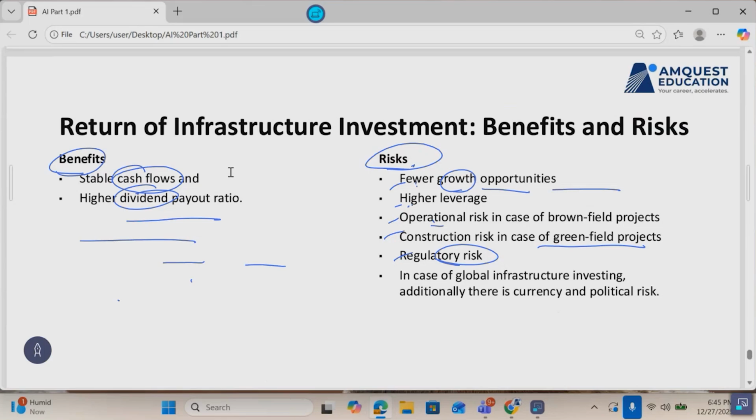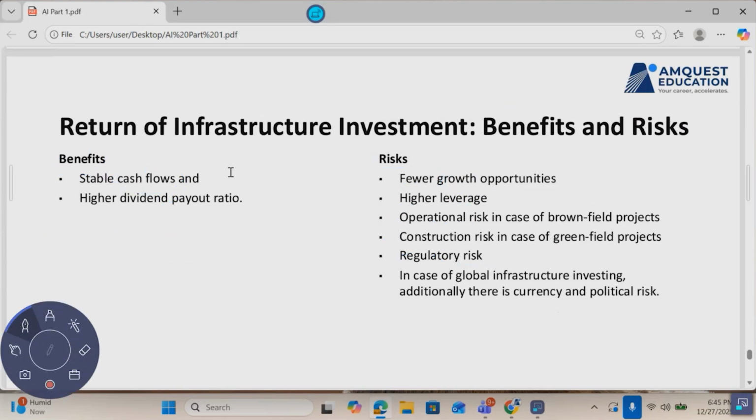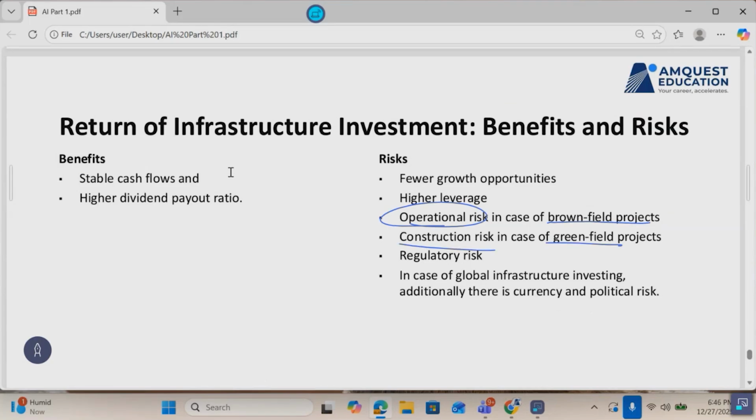But what is the risk here? Leverage is high. And obviously, it depends on what type of projects you're looking at. If it's brownfield, the risk is normally low, but the operation risk is high because it's already existing, so you have to operate it. In a greenfield, the risk is high because the construction risk is there. It's not constructed, so it might take time to construct. There's a huge construction risk. Clear?